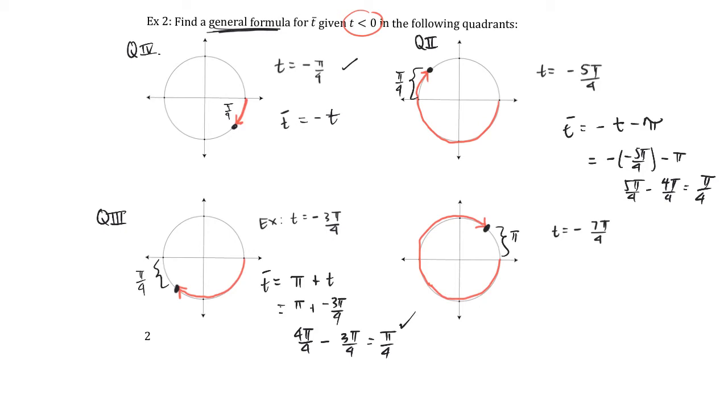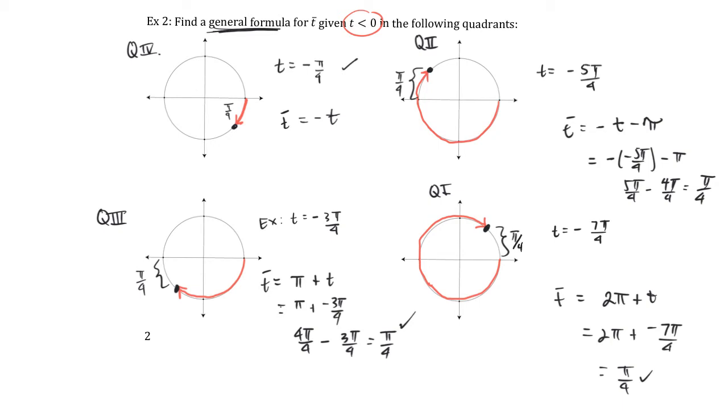And then for this one, we take 2 pi and add that angle. So we would take 2 pi and add a negative 7 pi over 4, that is 8 pi over 4 plus a negative 7 pi over 4. That gives us the correct reference number of pi over 4.